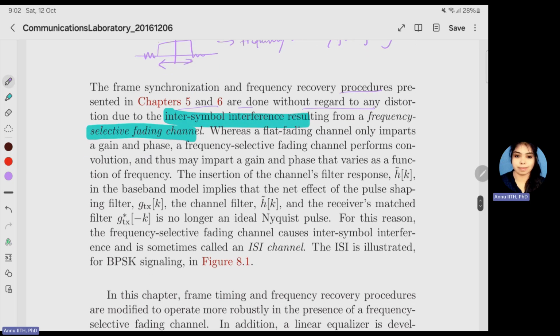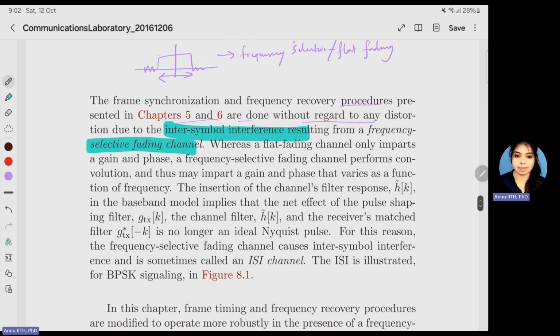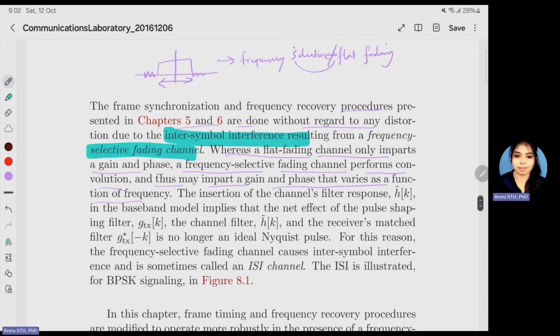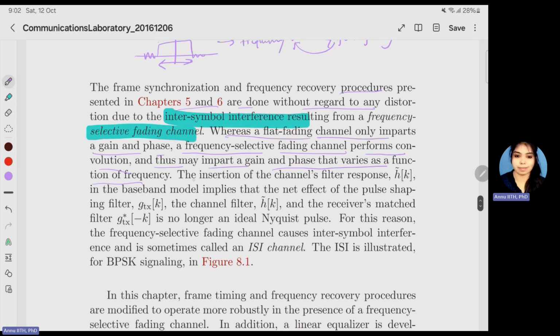Whereas the flat fading is one of the different types, where the flat fading channel only imparts a gain and a phase, and a frequency selective fading channel performs convolution and thus may impart gain and a phase that varies as a function of time. So frequency selective fading is another form of flat fading where the gain and phase are a function of time.